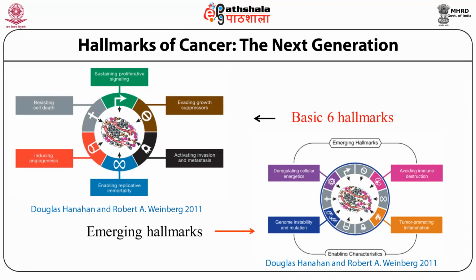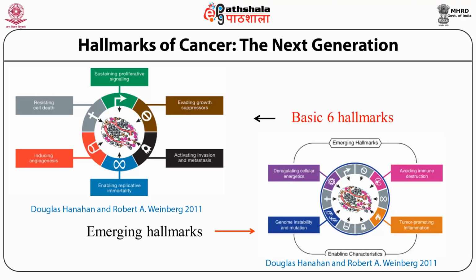The next generation hallmark, besides including the basic 6 hallmarks, includes more emerging hallmarks. And the 2 hallmarks which are important in this regard are, 1, reprogramming the cellular metabolism, and the other is the property by which the cancer cells evade the immunological destruction.